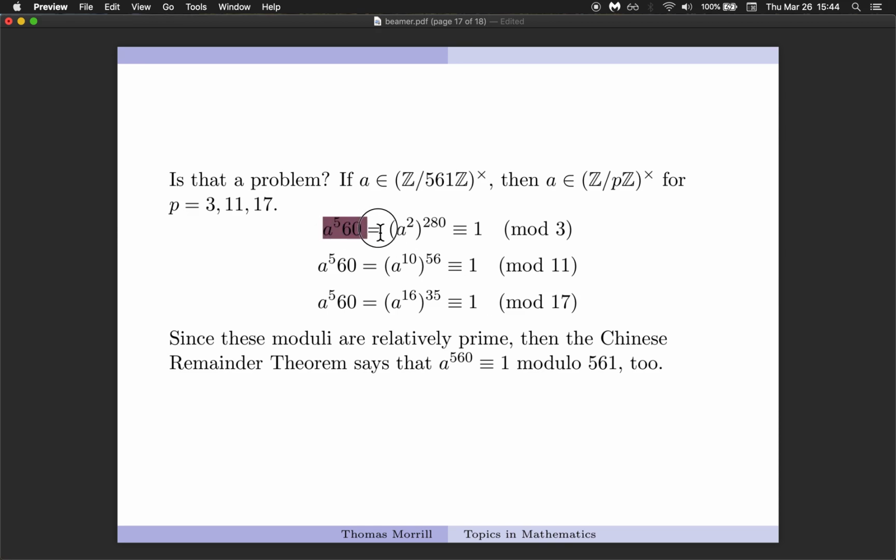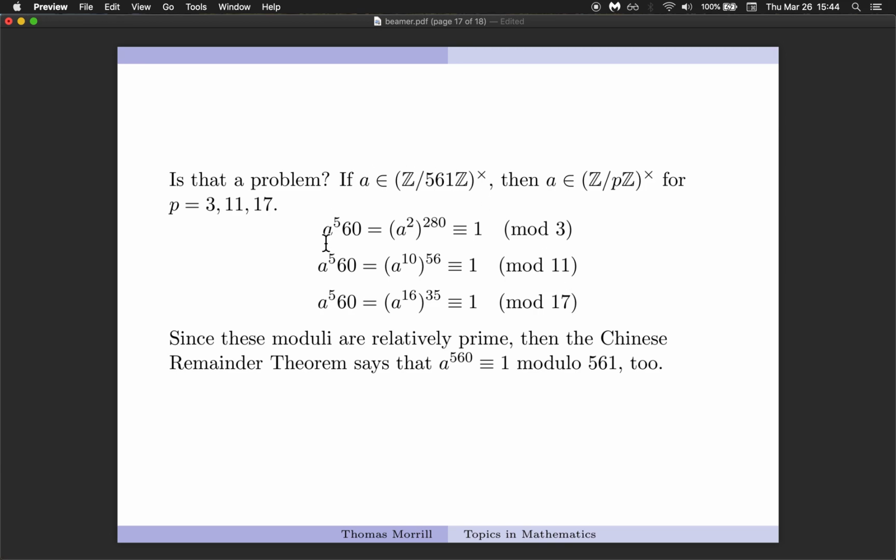So no matter what my A is, it will pass the Fermat equation, but not mod 561. It'll be mod all the different prime factors of 561. And that's bad.